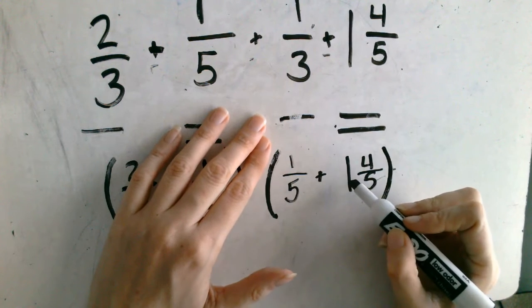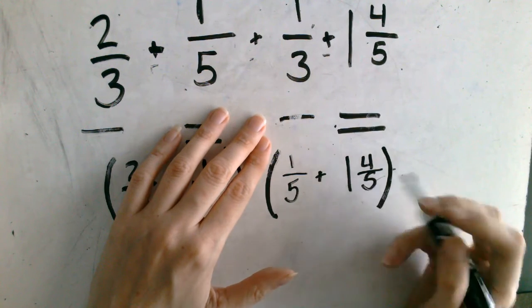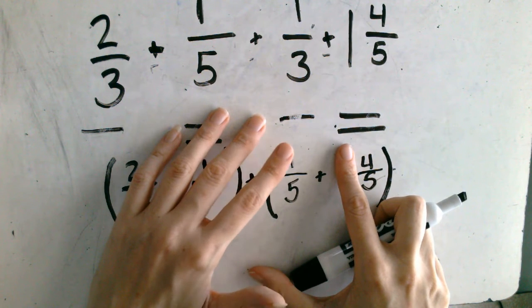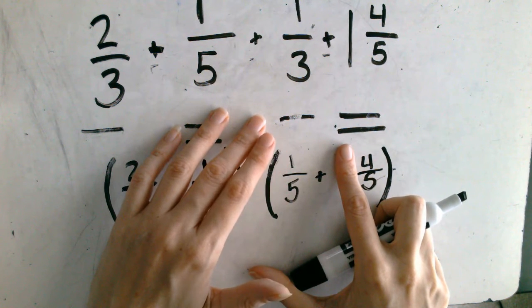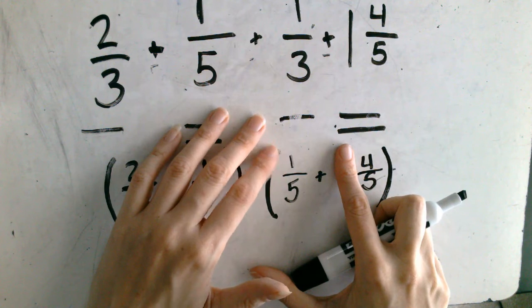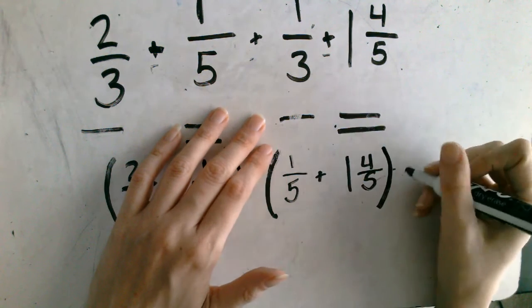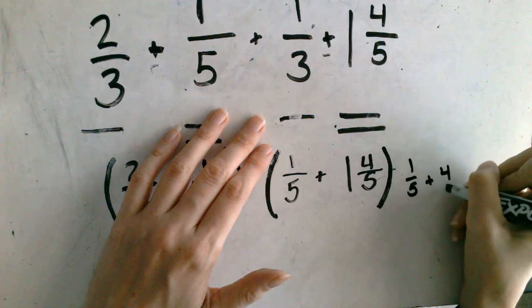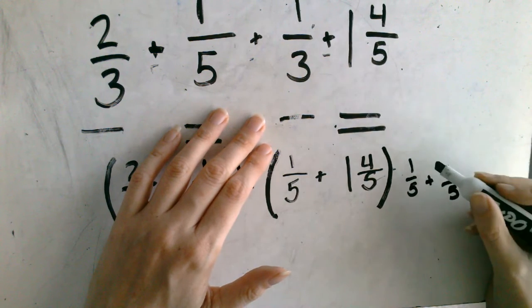On this side, we do have a whole number. If we were to block out the whole number and just look at our fractions here, we have 1/5 plus 4/5. We'll do that first.